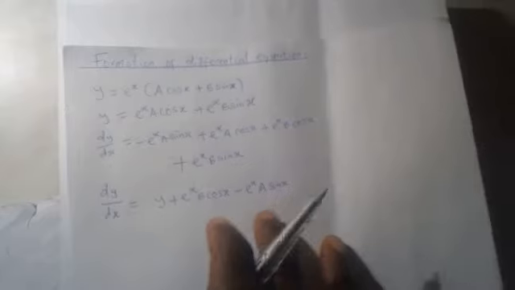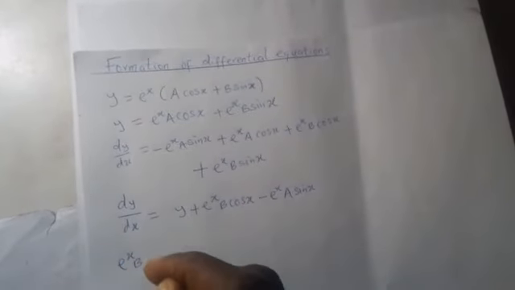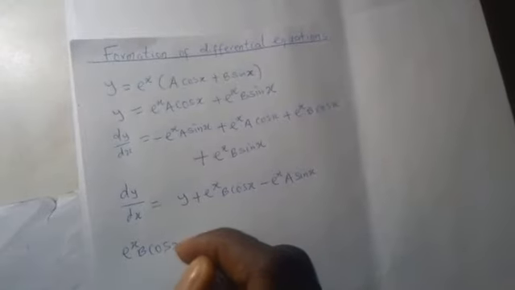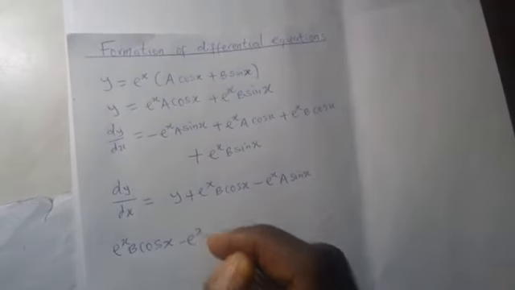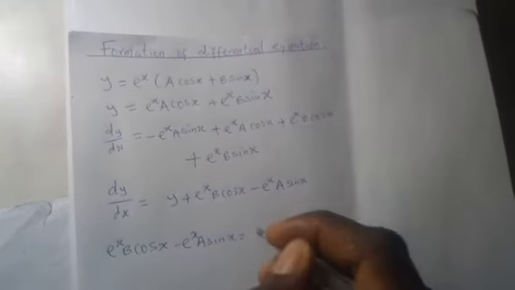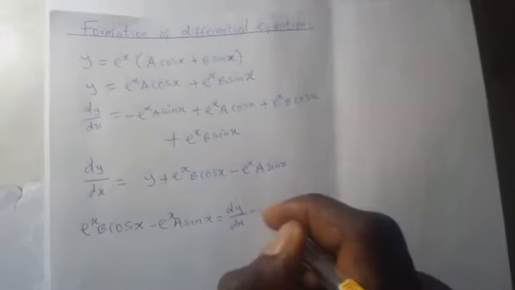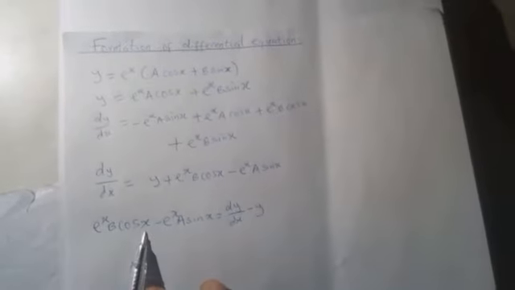So I write e^x b cos x minus e^x a sin x will be equal to dy/dx minus y. I bring this to the other side because I want to make them the subject of the formula.